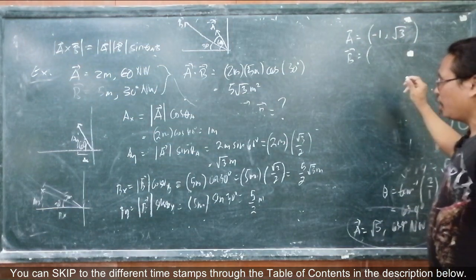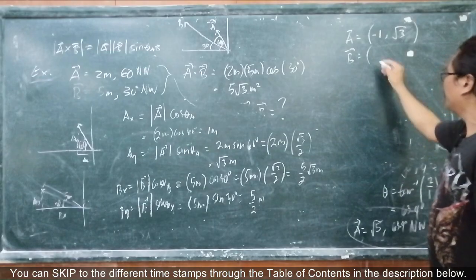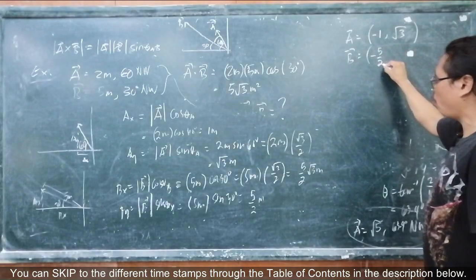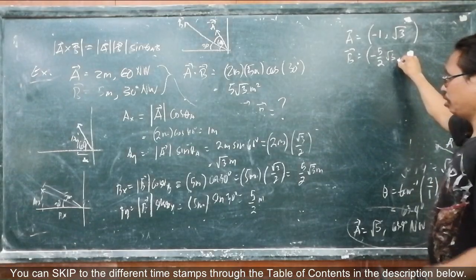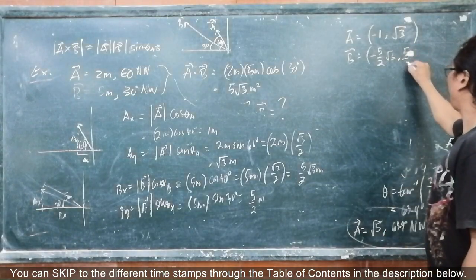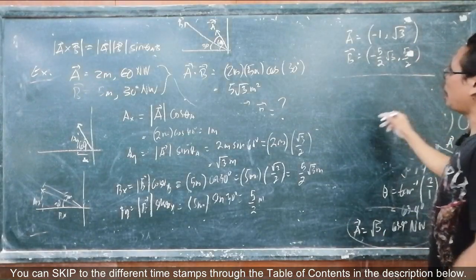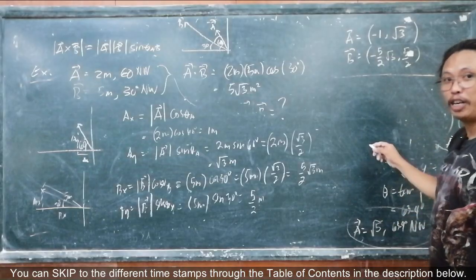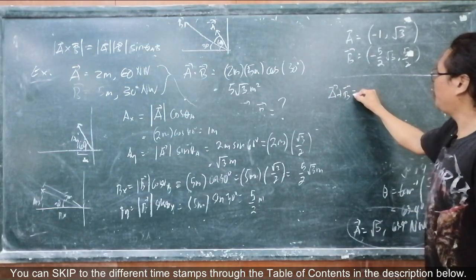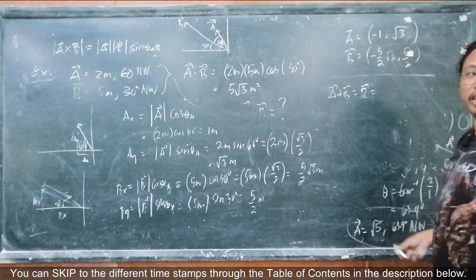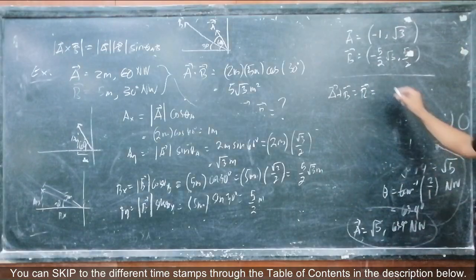How about B? What's BX? This is negative 5 over 2 square root of 3 and then positive 5 over 2. Now the resultant vector is just A plus B. So the resultant vector R is, you add these.